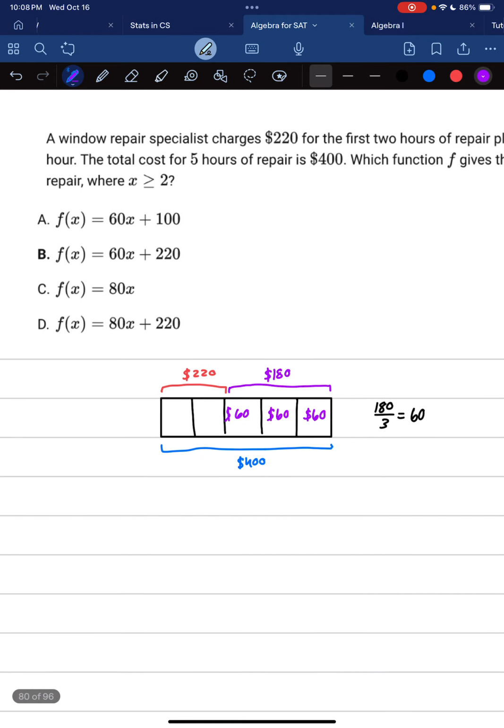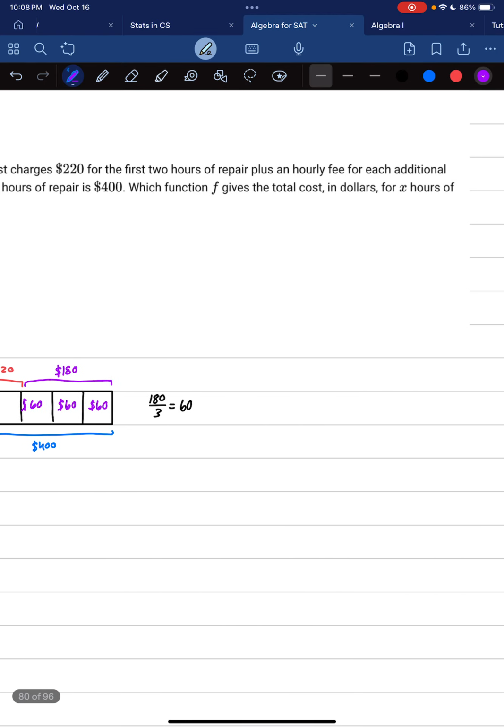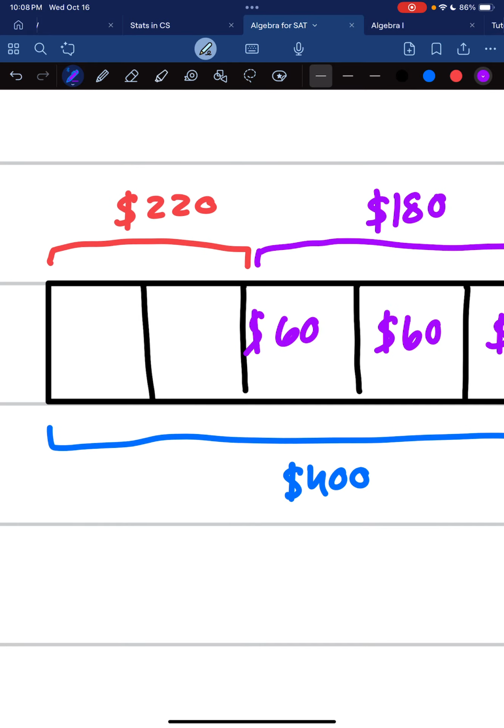So now if we go back to this problem, it's not asking for that. It's asking for the total cost for X hours of repair where X is greater than or equal to 2. So this is asking for, if we start from hour 2 or greater, what is the cost? How can we model the cost?